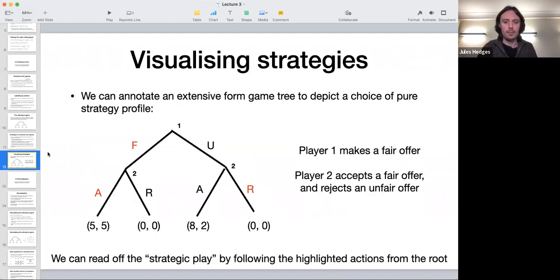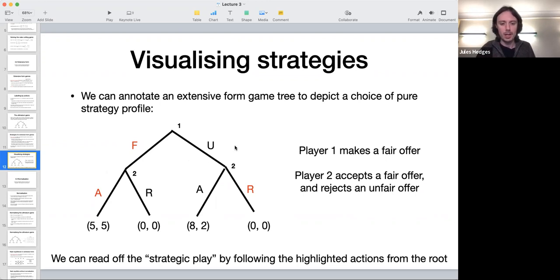Okay, so if we have a picture of an extensive form game, we can annotate it to visualize what strategies are. So here I've highlighted three actions. If you highlight one outgoing edge from every node, then that defines a strategy profile.